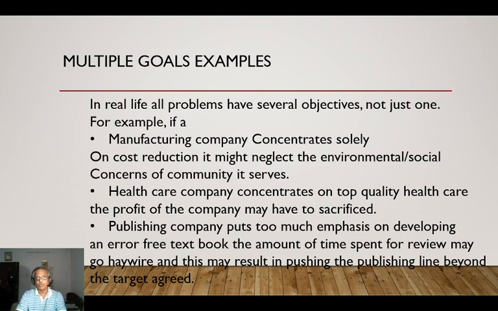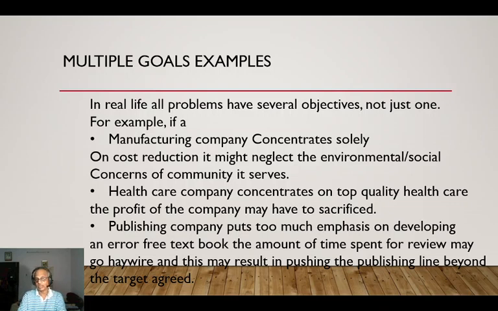For example, if we take some examples from industries, we have different objectives. Suppose you are working in a manufacturing company, and we generally concentrate on cost reduction. But if you totally concentrate on cost reduction, you might neglect the environmental or social concerns of the community you serve. If you are in a healthcare company, and you concentrate mostly on top quality health care, the profit of the company may have to be sacrificed.